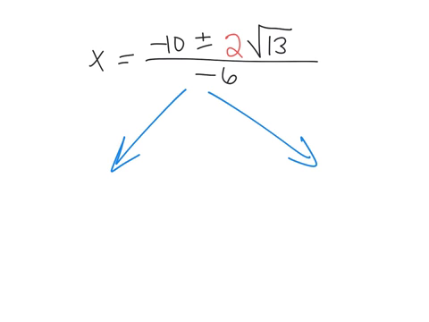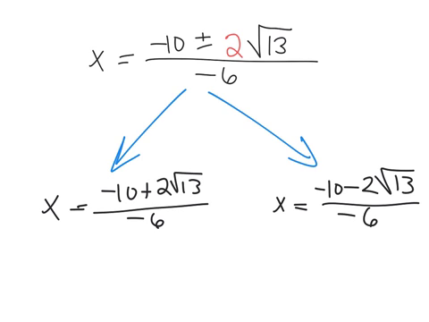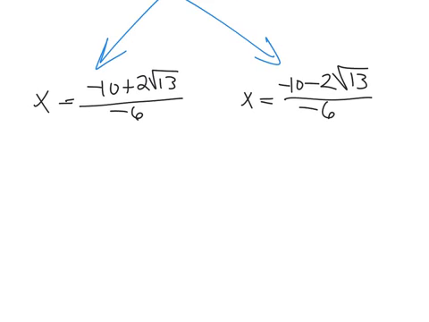So now we've got to split it up, and we have x is equal to -10 plus 2 root 13 over -6. And then over here we have x is equal to -10 minus 2 root 13 over -6. All right, so each of these can be simplified.